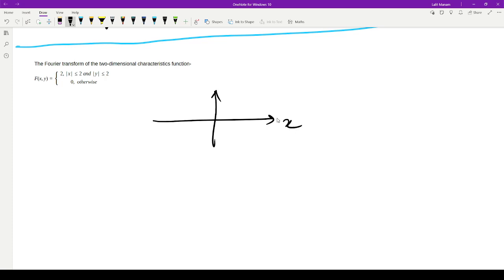Anyone? Square. Okay. So within 2 and minus 2, this means x is between 2 and minus 2. This means y is between minus 2 and 2. You have values 2. The intersection of these two areas.